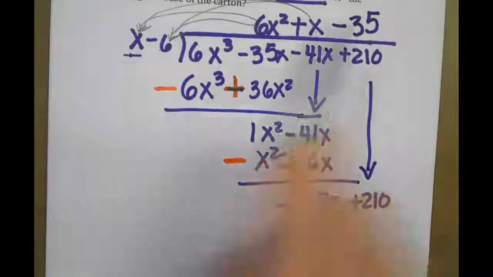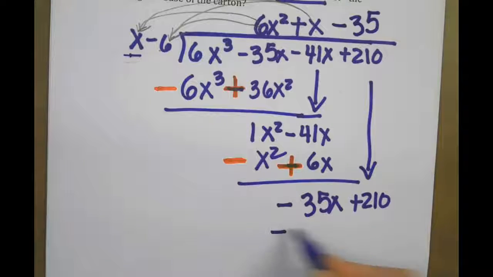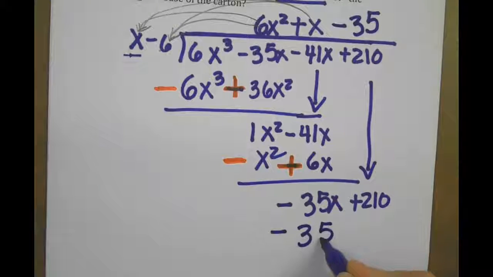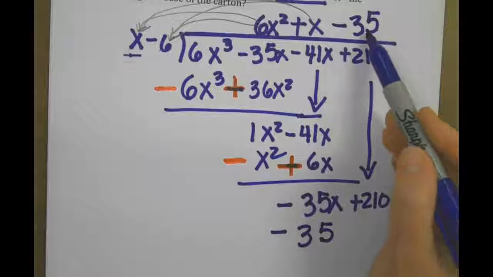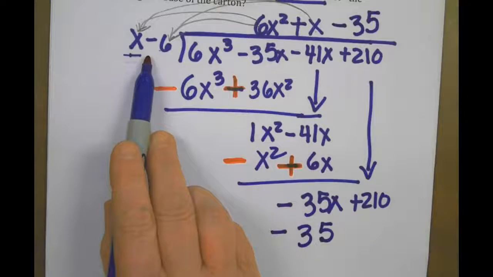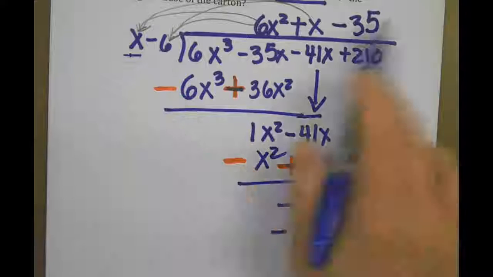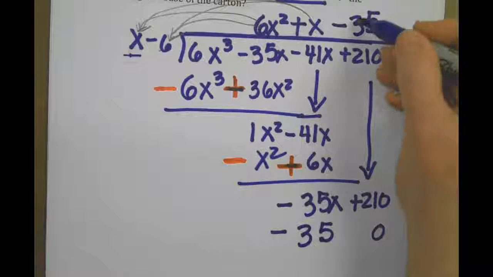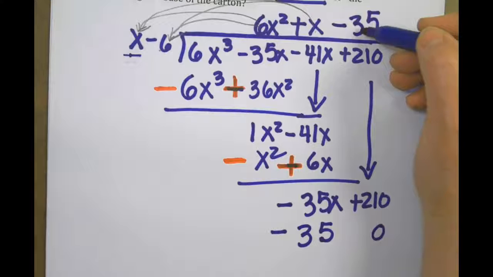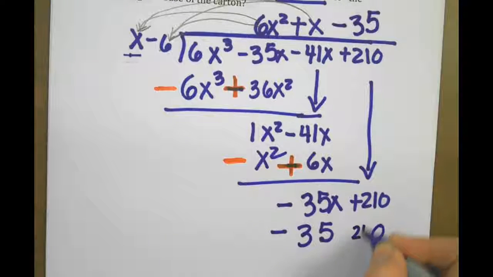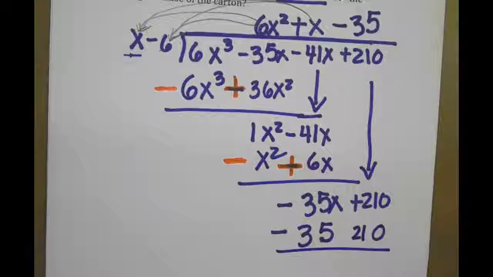So negative 35 times x is negative 35x. Negative 35 times negative 6 is going to be a positive something. 6 times 5 is 30. You would carry the 3. 6 times 3 is 18. Plus 3 more is a positive 210.